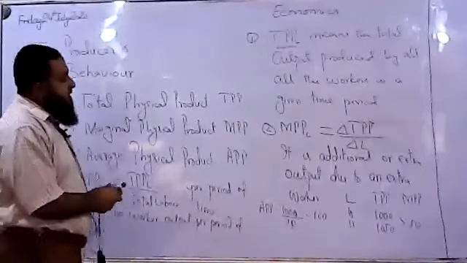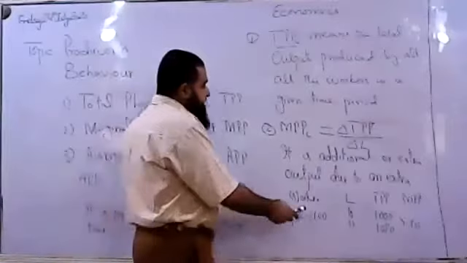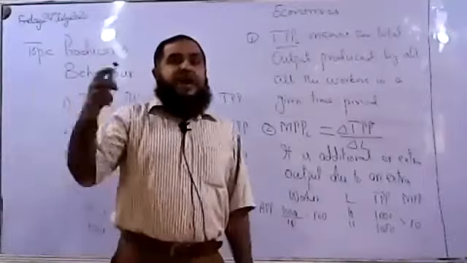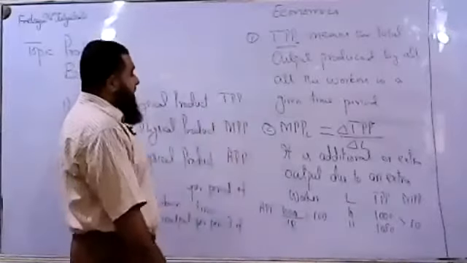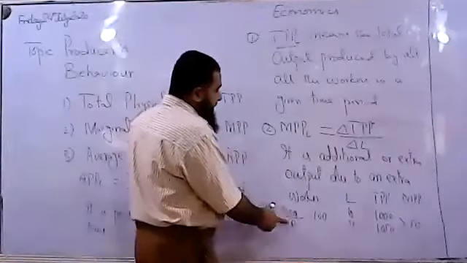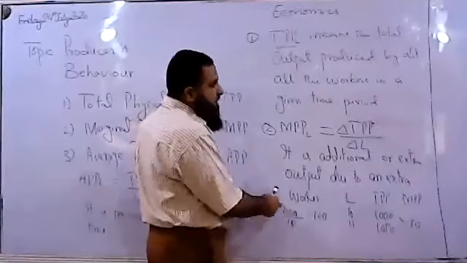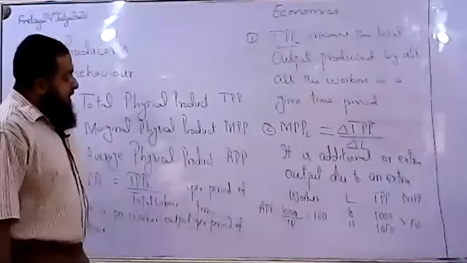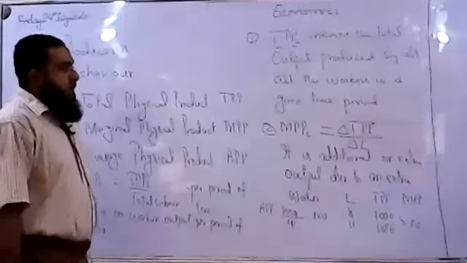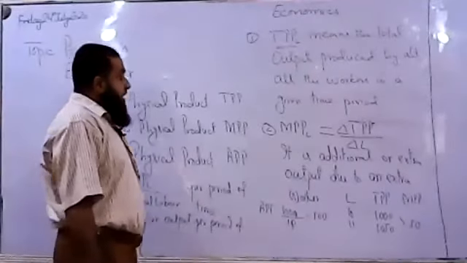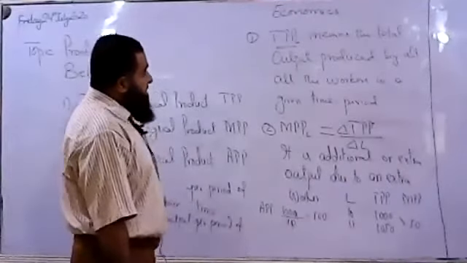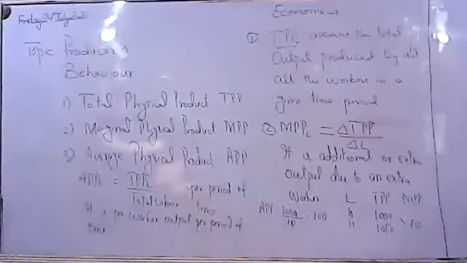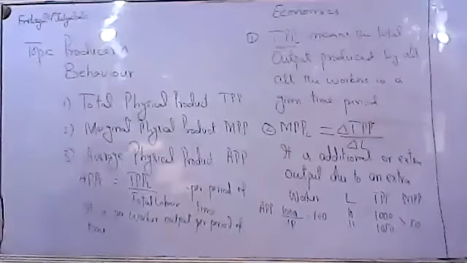We are not considering which worker has produced more than 100 units or less than 100, but on average we say this is their per worker output. We have employed 10 workers and their total output is 1000 units in a given time period, suppose in a week or in a day. So we say each worker on average has produced 100 units. This is called the productivity of worker. So it may vary due to the addition of an extra worker.